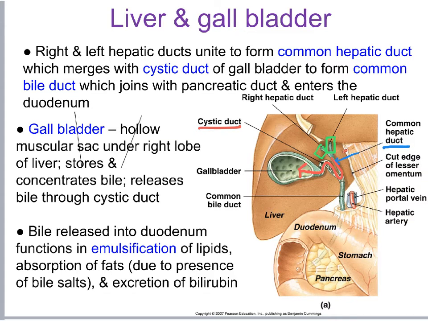Both the cystic duct and that common hepatic duct, you can see if I erase my lines here, eventually merge together, you see right here, and they become one single duct called the common bile duct. And it's that common bile duct that you can see right here that is going to drain that bile into the duodenum.